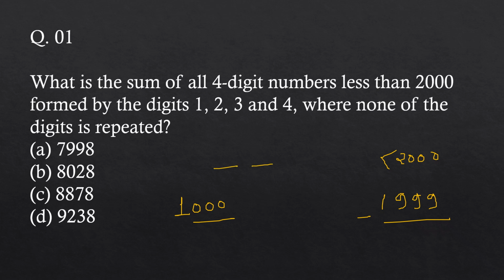Now as per the condition, all digits should be distinct. So we can take a reference number 1234. Now we'll see other possible cases. So we already assume our first number is 1234.